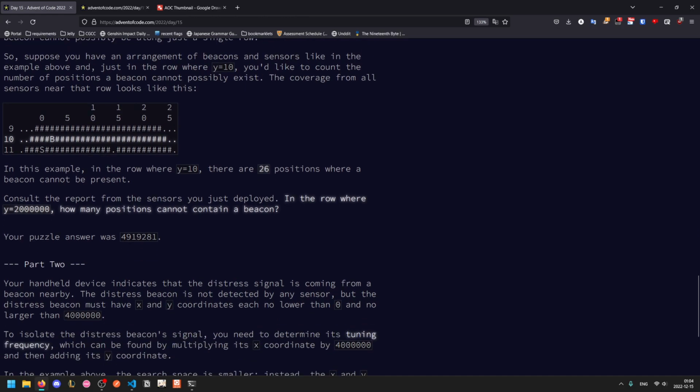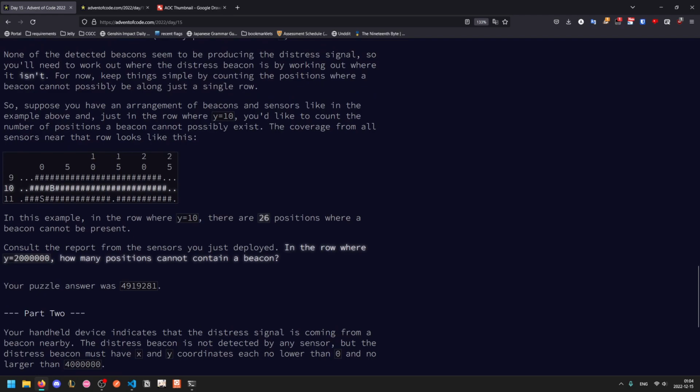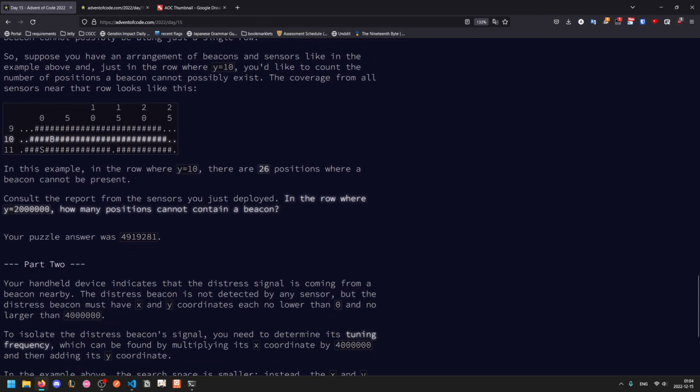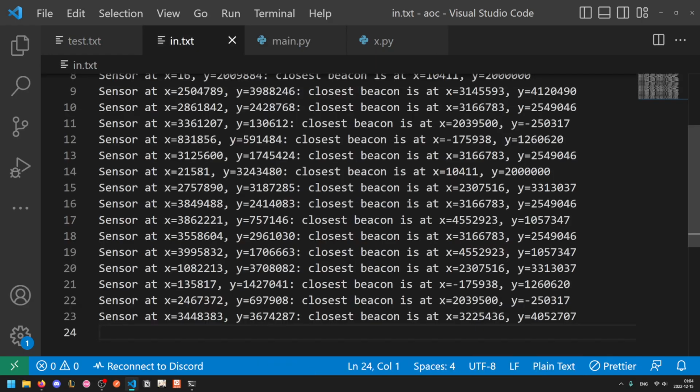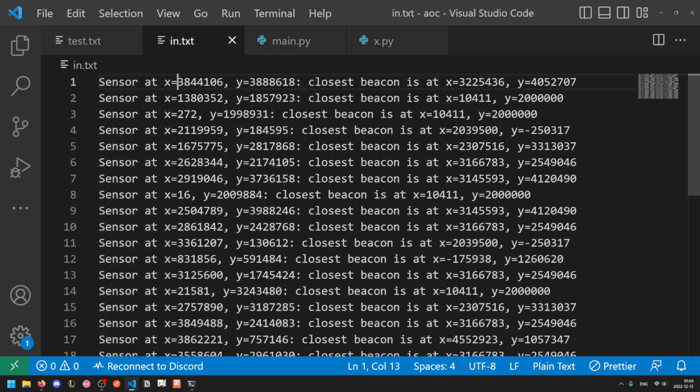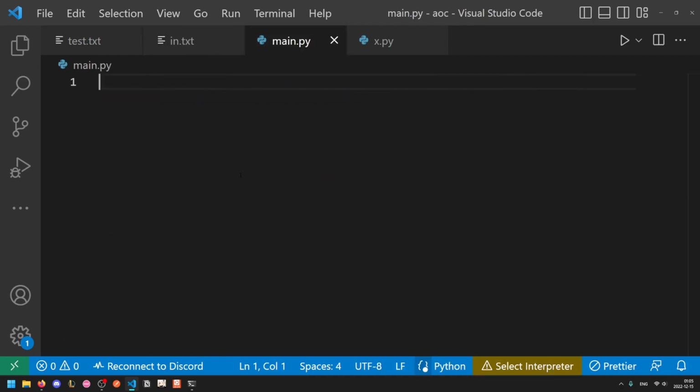Okay, so in the actual problem for the actual data, we'll need to change the row to 2 million. So first we need to parse the input. This input format is slightly annoying because it contains a bunch of extra random words. We only care about these numbers though, so we're going to use a regular expression to parse them out.